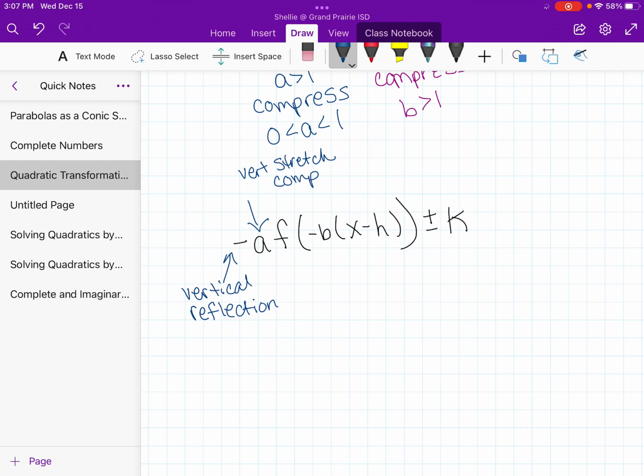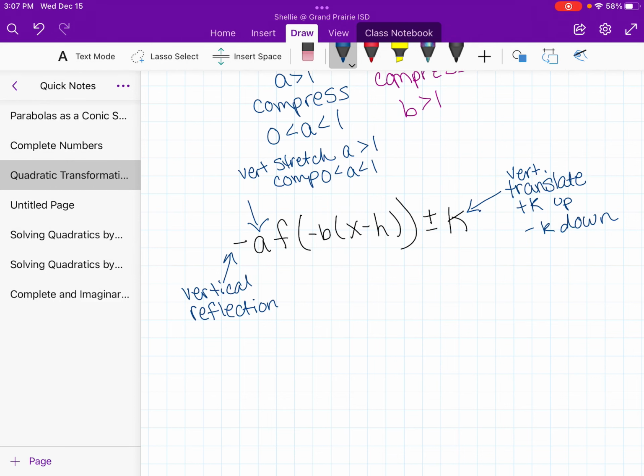The rules are the same. If A is greater than 1, it's a stretch. If A is between 0 and 1, it's a compression. And with this K value, you're still going to translate up and down. It'll be plus K is up and negative K is down. And that's going to be a vertical translation.